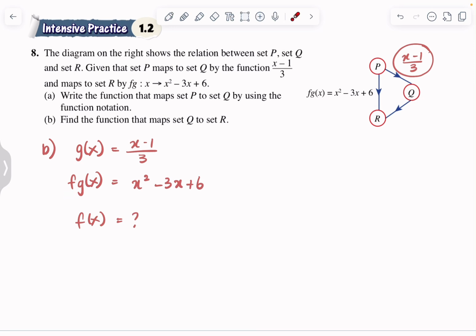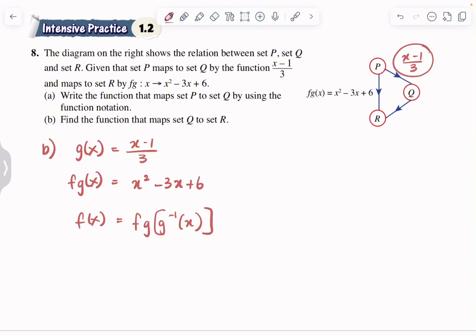Finding the outside function is a little bit tricky, like question 7, because you want to get rid of the g(x). To get rid of g(x), you multiply it with the inverse of g(x). So to get f(x), you must multiply g inverse into fg(x), because g and g inverse cancel off each other.